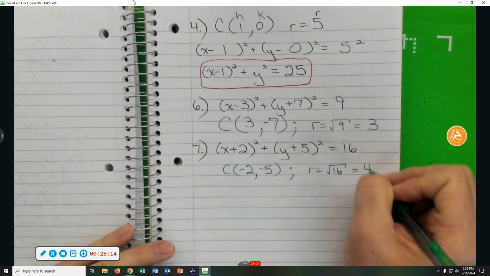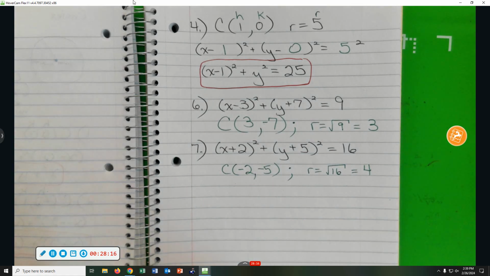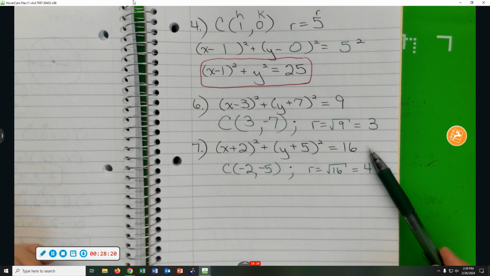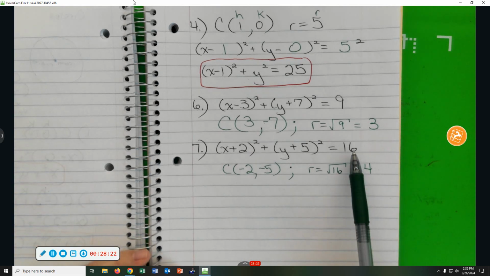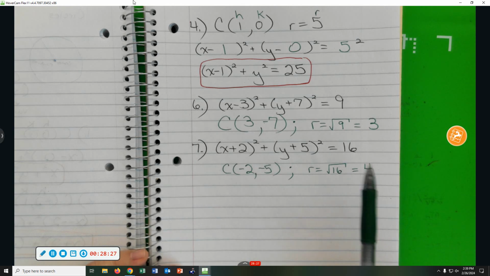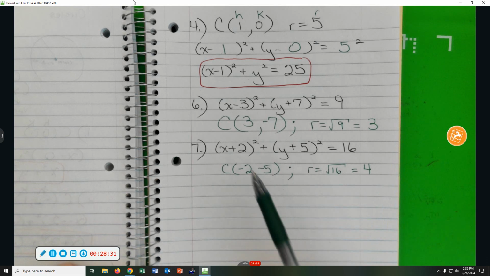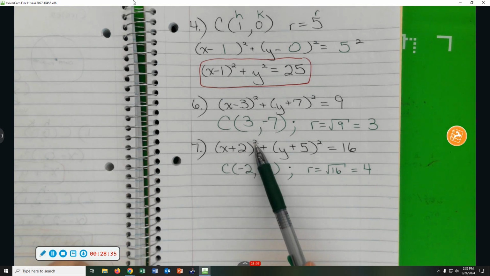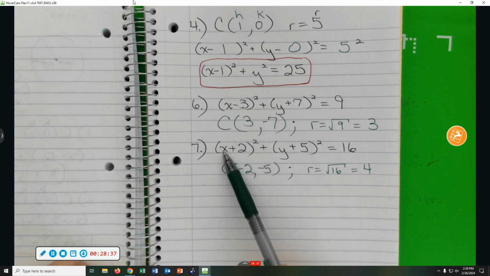If you're going to be taking the square root to get the radius, could this number over here ever be negative? No, because if you took the square root of a negative, you get an imaginary number. Something squared is non-negative, no matter what you plug in for x.